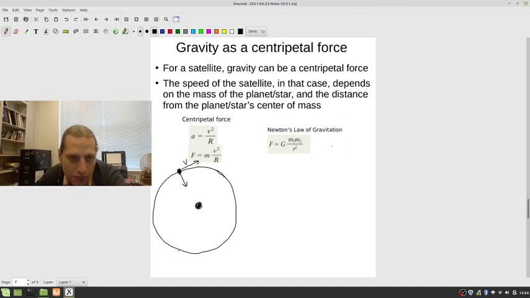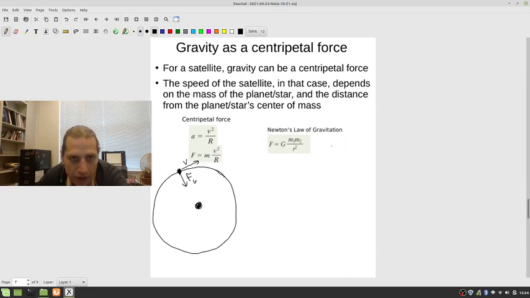So it is being accelerated. Gravity is still pulling it towards the center of the Earth, but it's falling and falling and falling. Okay, so the idea here is that that force of gravity is the centripetal force.